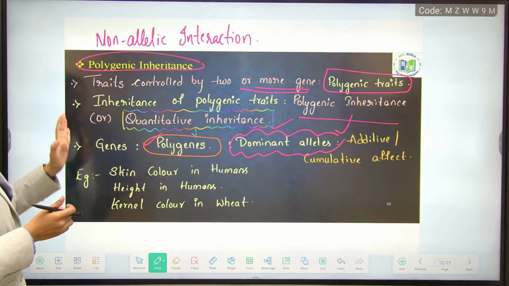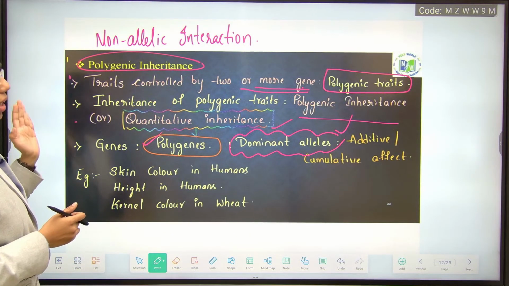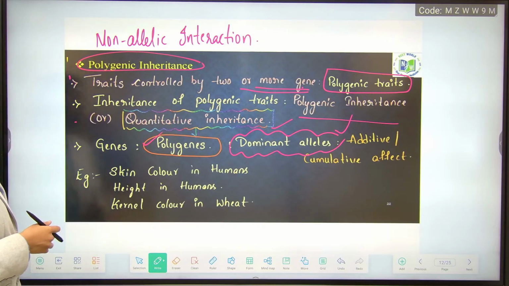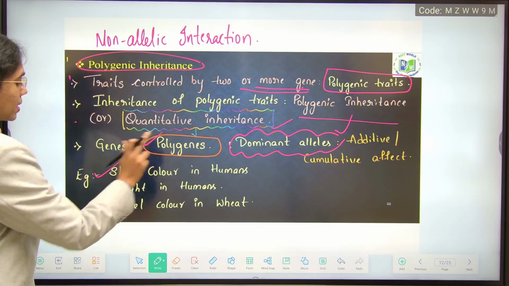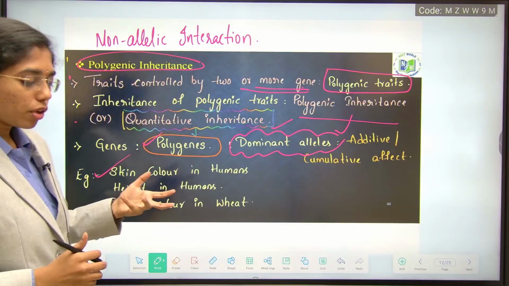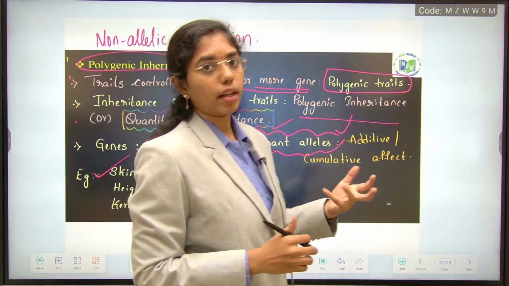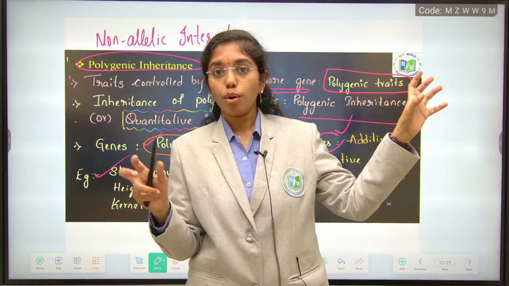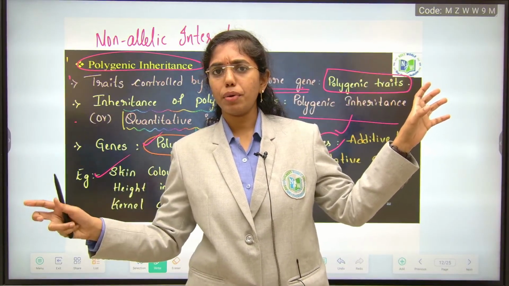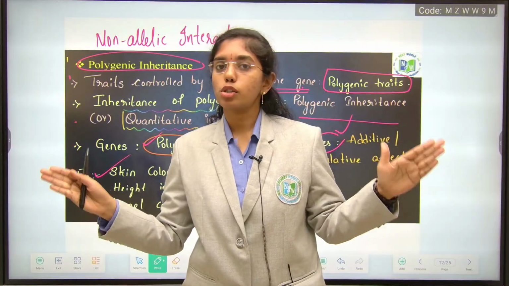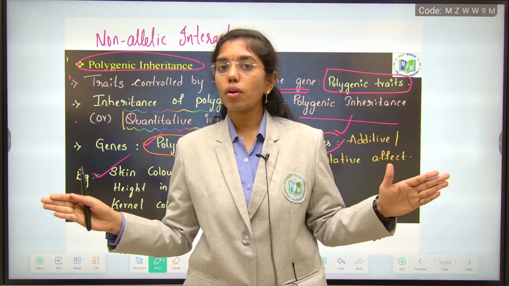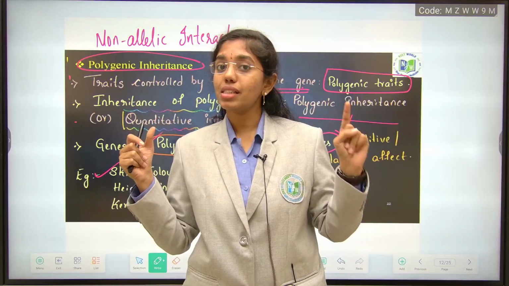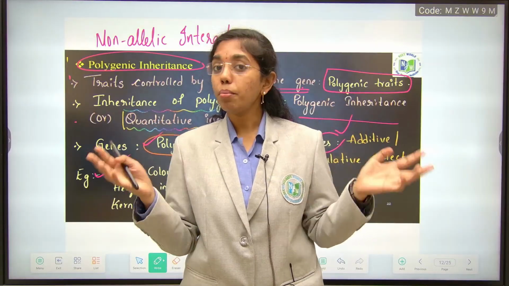For example, what are the traits that are passed on as polygenic inheritance? Skin color: you can see many variants of skin color, from very dark to very fair people. This is controlled by polygenic inheritance, where this single trait is coded by multiple genes.